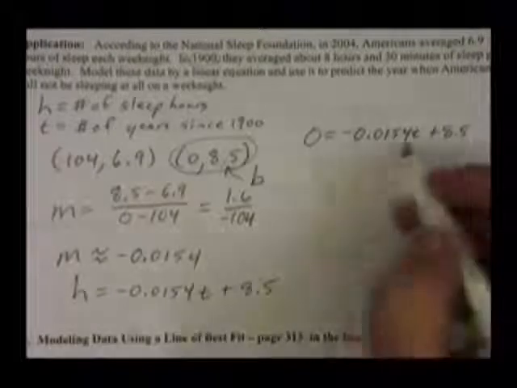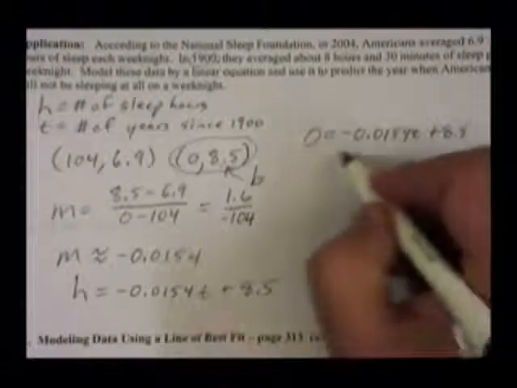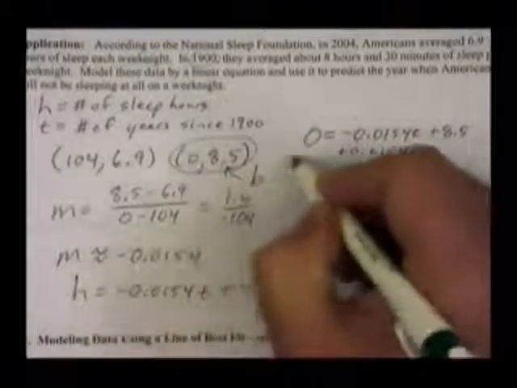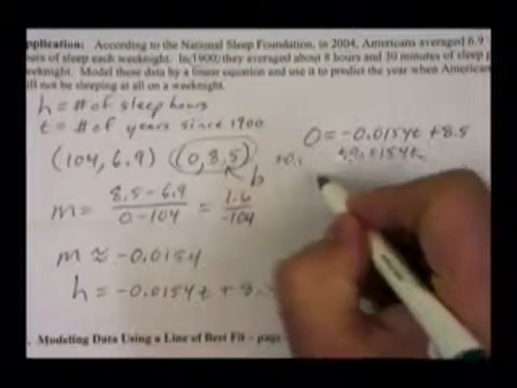Okay, which gives me this, and I'm just going to solve that for t. So I'm going to add 0.0154t to both sides, or you could subtract 8.5 from both sides. It doesn't matter. I'm just trying to get rid of the negatives.